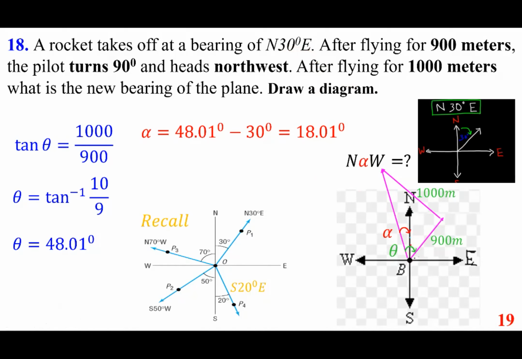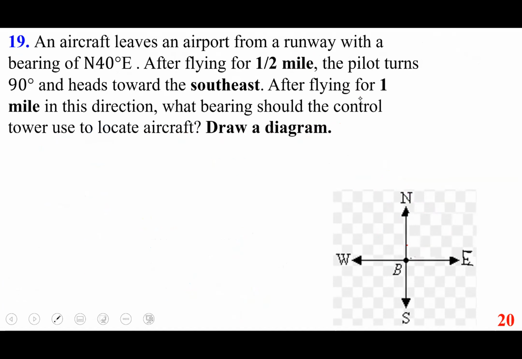So this one is 30 degrees, subtracted, 18.01, and that's the final answer. It's all about understanding the problem and being able to come up with its diagram. Could somebody read this, please?